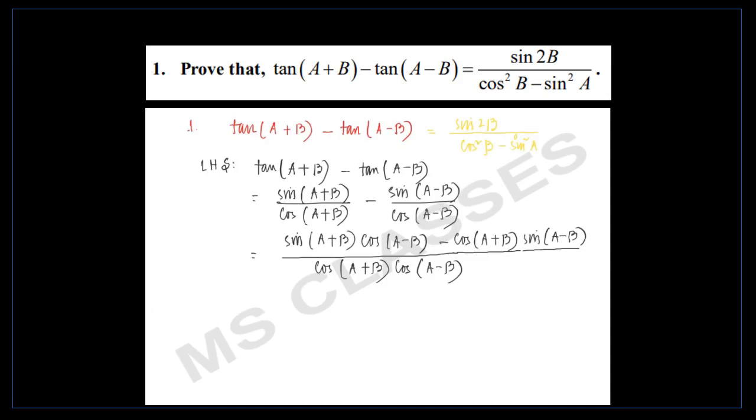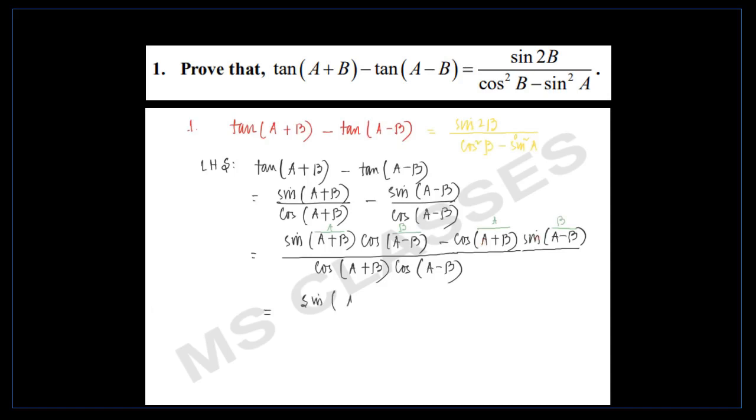Now, if you see this expression, this is as if we have sin A cos B minus cos A sin B, and that is what sin(A−B).